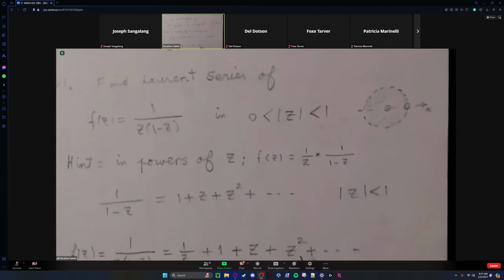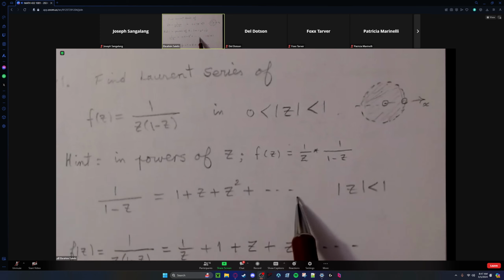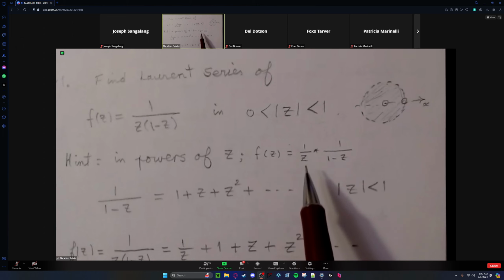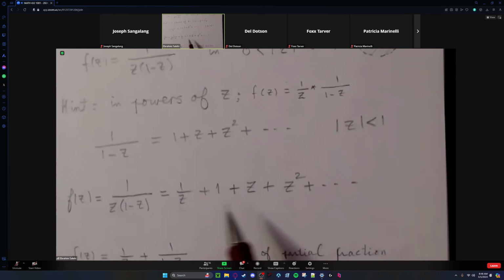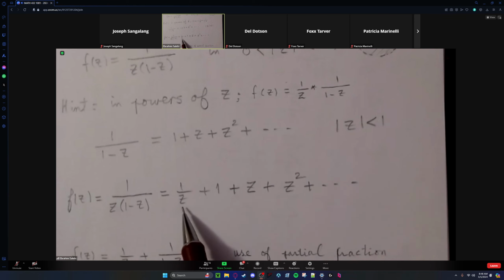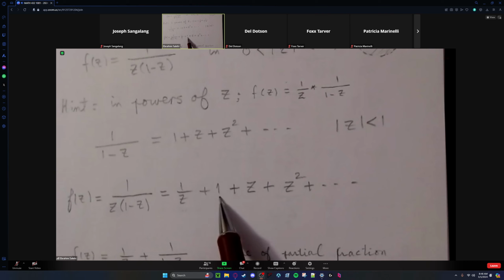But we know the geometric series. We know that this is true whenever modulus of z is less than 1. All right? Now, all we need is to multiply this part by 1 over z. And here it goes. You multiply this by 1 over z. This is what you get. Here you get 1 over z. Here you get 1.